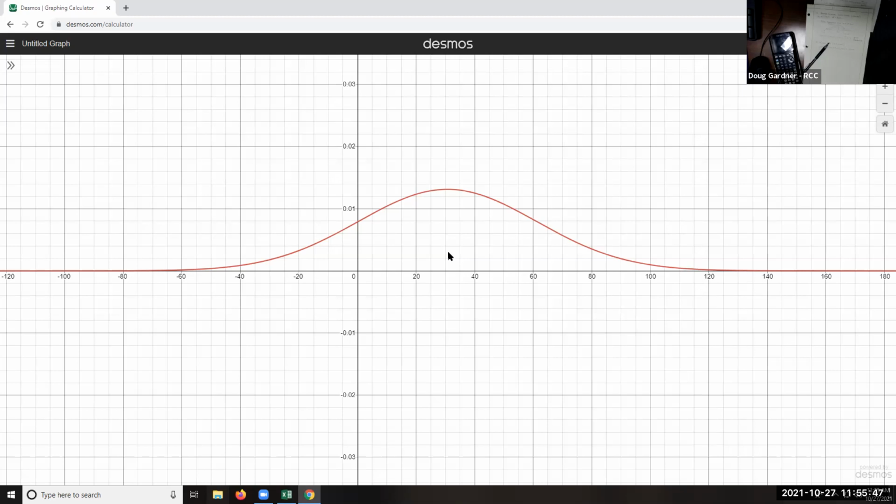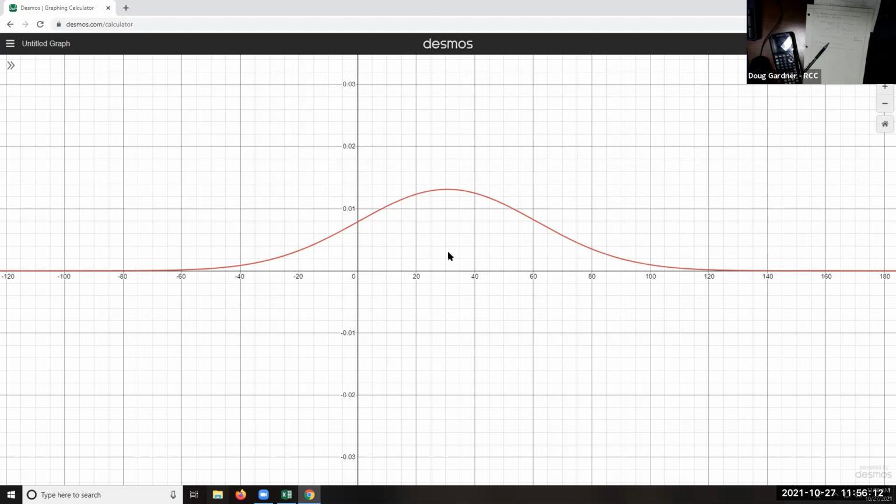So we're looking for a z-score of 50 plus. So how do I get to the left?